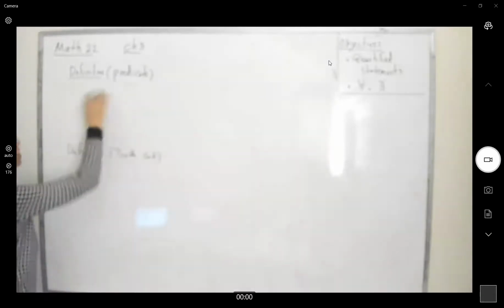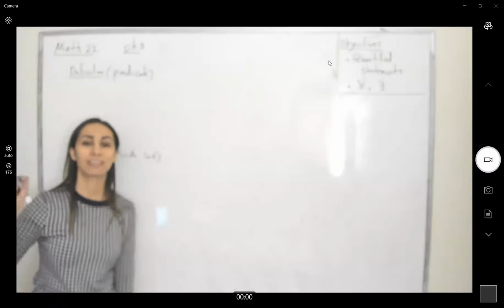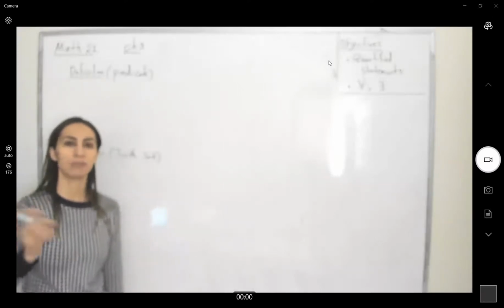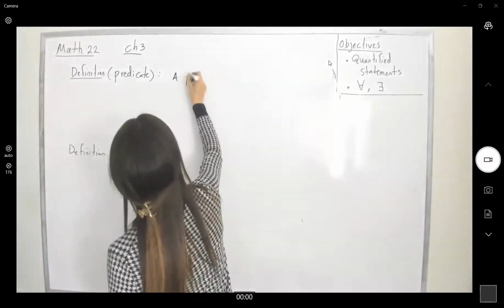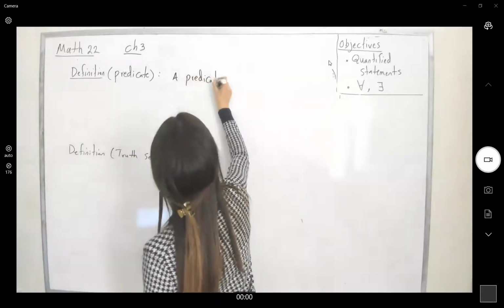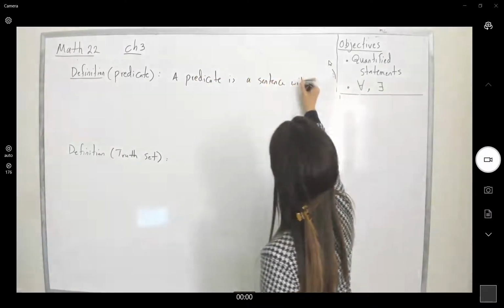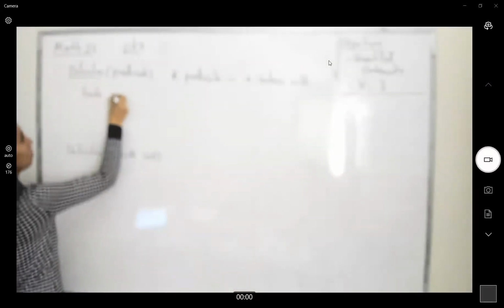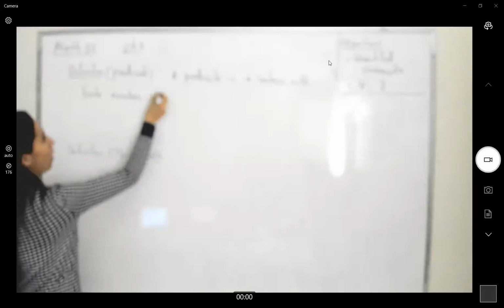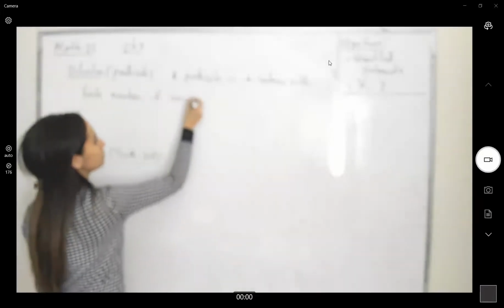When it comes to logic, we're interested in specifying statements that include some finite number of variables. A predicate is a sentence with a finite number of variables. So what do I mean by that?